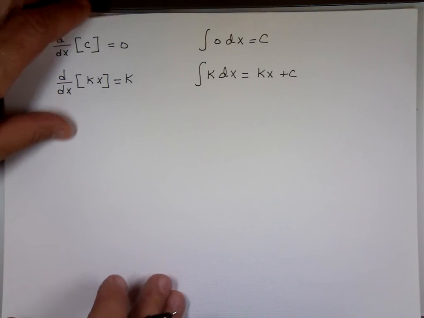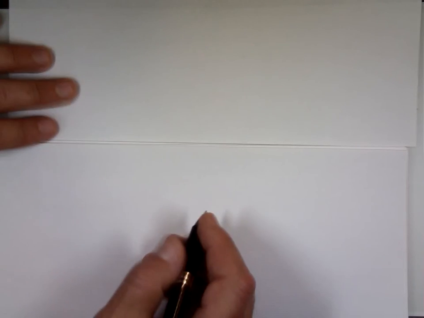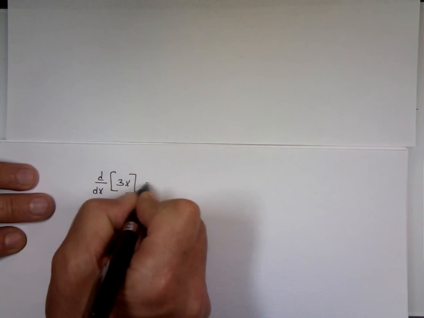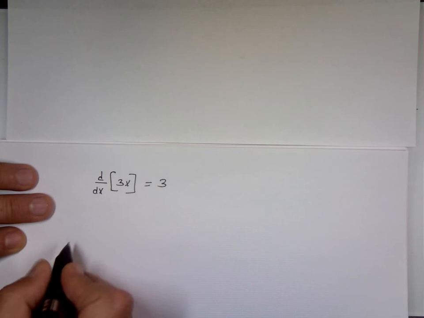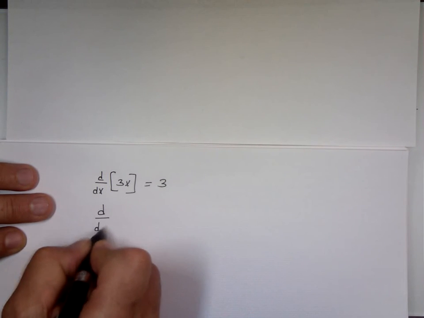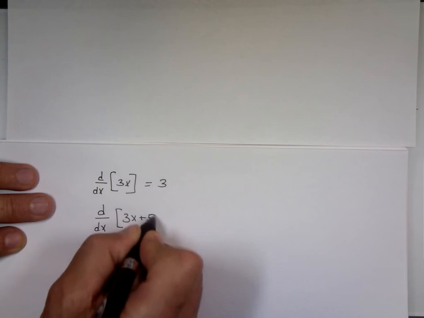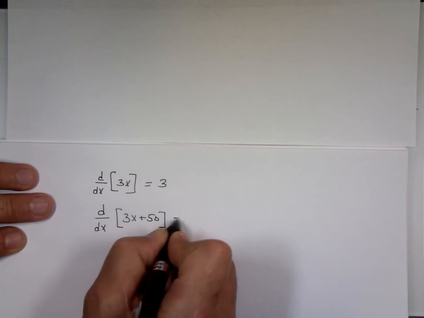I'll go to the next page and write that example. I just don't want to mess this page. What's the derivative of 3x? We said that's 3. What's the derivative of 3x plus 50? Isn't that still 3?